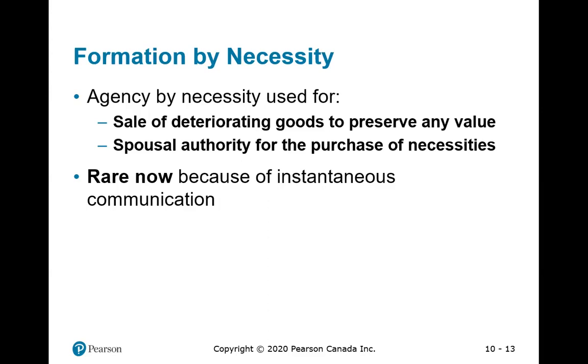So they can act and represent their spouse or partner who has been admitted to ICU temporarily. So those are ways in which an agency relationship will be formed and ways in which authority will be granted to an agent.